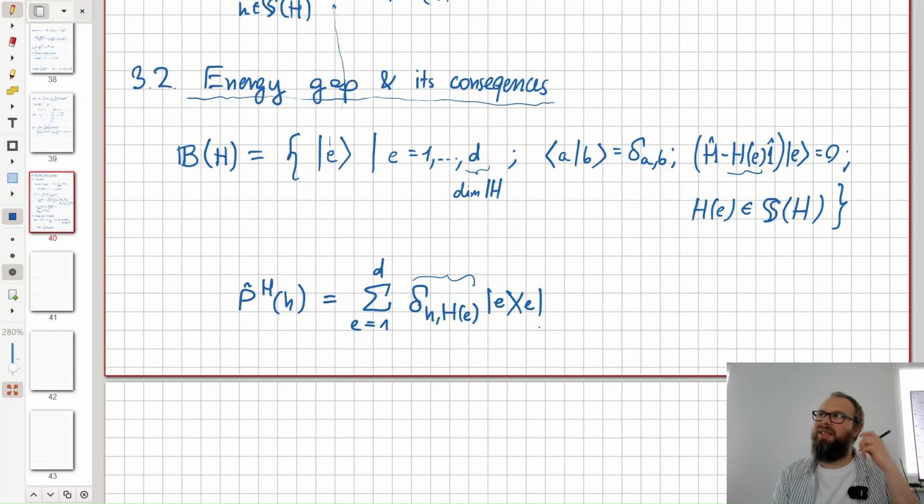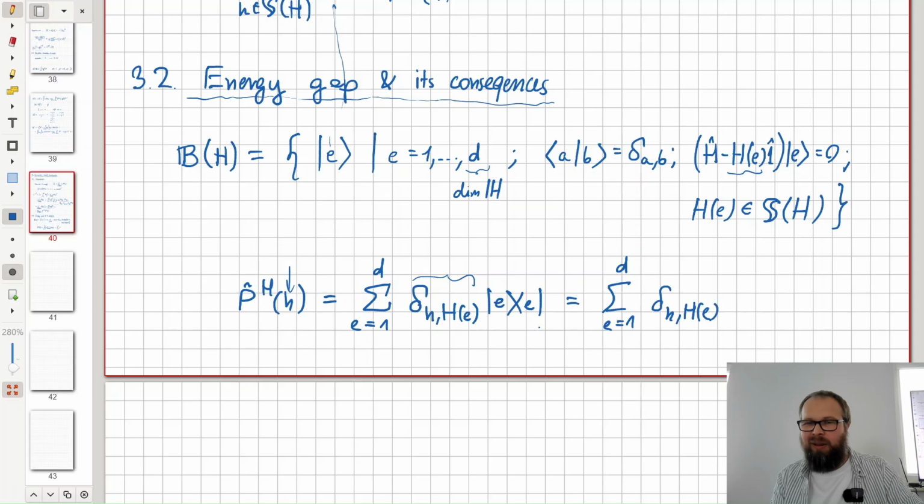Just pick out those eigenvalues which have the same value as small h. And I'm doing this because it will be much less writing with this notation. So we are basically enumerating all eigenvalues and not caring that much about degeneracy at the moment, okay?